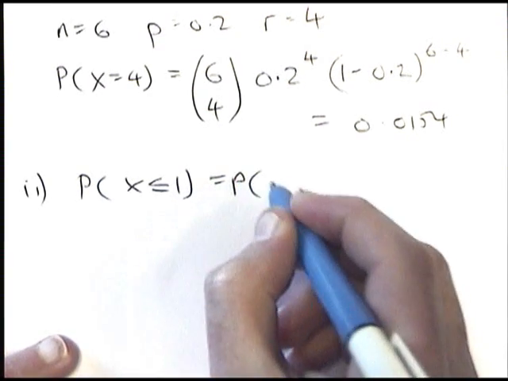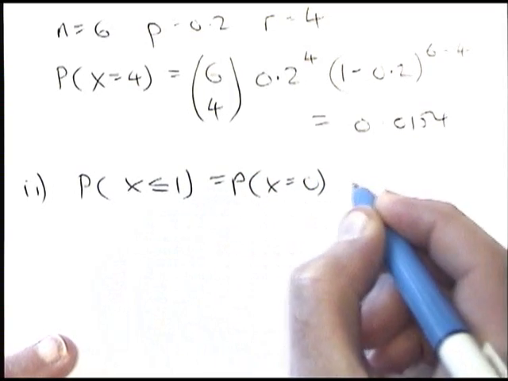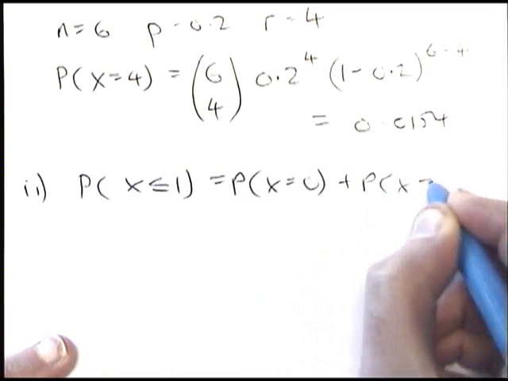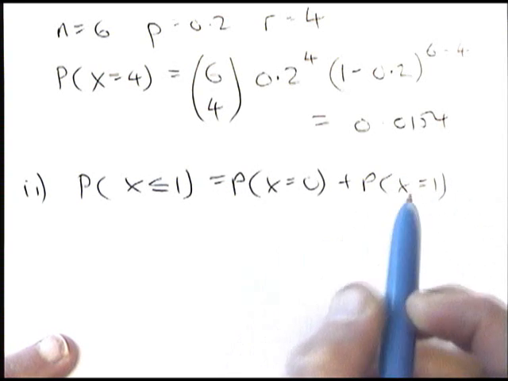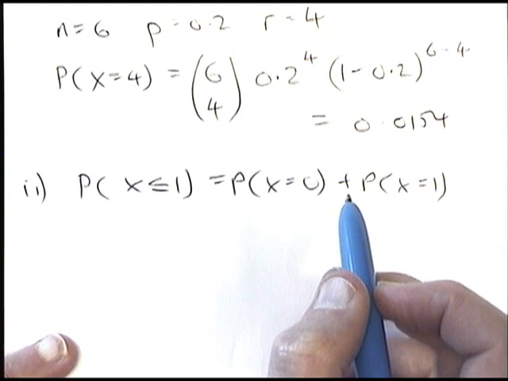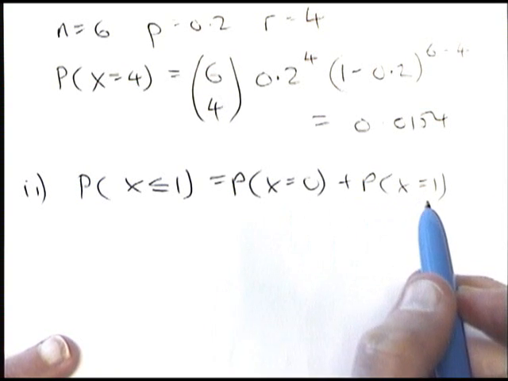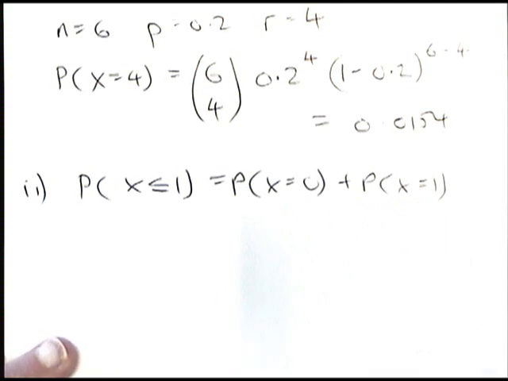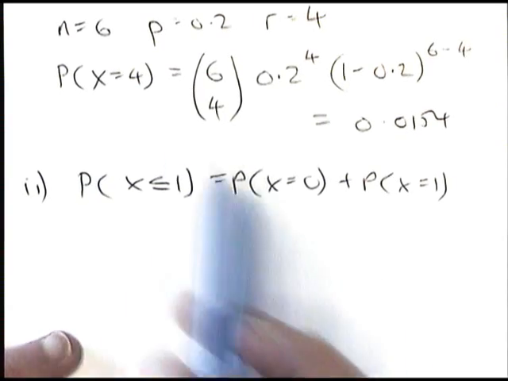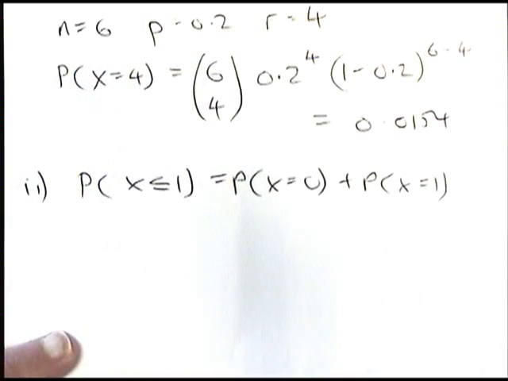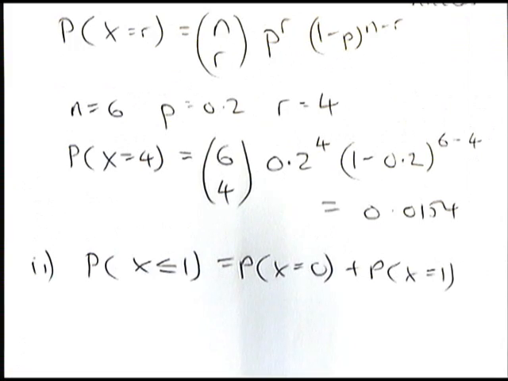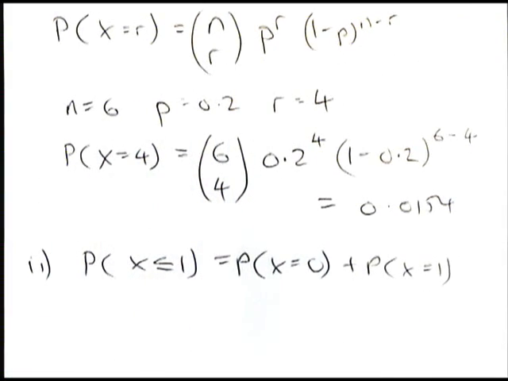So that's asking for either we get no successes or we get 1 success. And note, when I said or, I put a plus sign down. So we need to work out the probability of getting no successes, the probability of 1 success, and then add them together. We're still using the same n and p values, and the same formula as before.